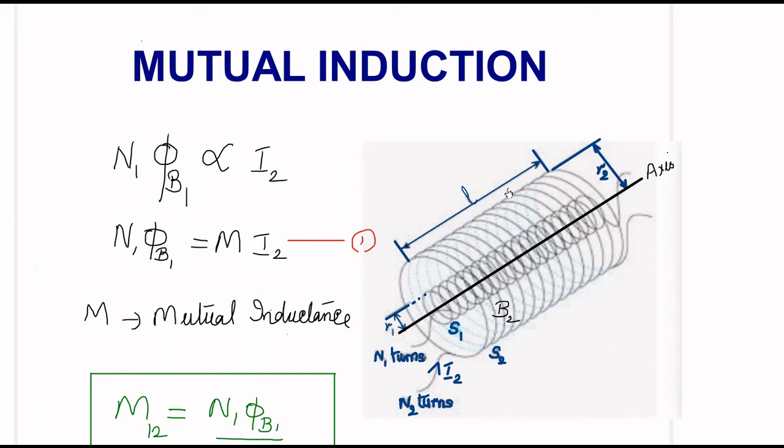Both the coils are of the same length L, and let N1 be the number of turns in the coil S1 and N2 be the number of turns in the coil S2. Let us see what is the magnetic flux associated with the coil S1.